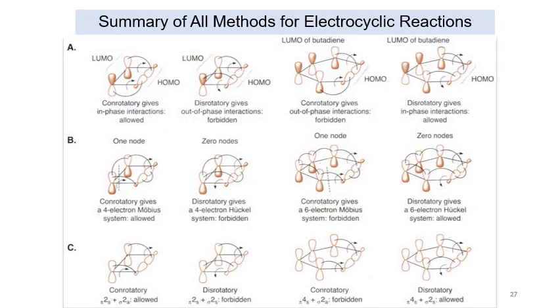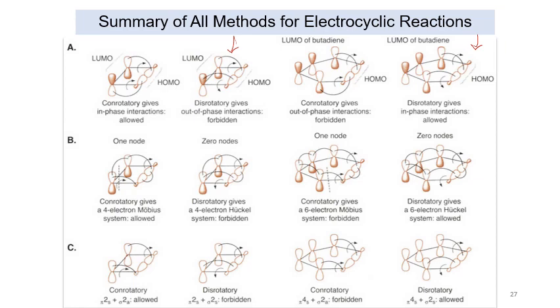If we summarize the 3 major methods that we have seen for both the cyclobutene and the cyclohexadiene systems, then we can see that all of the 3 methods will give us the same outcome.